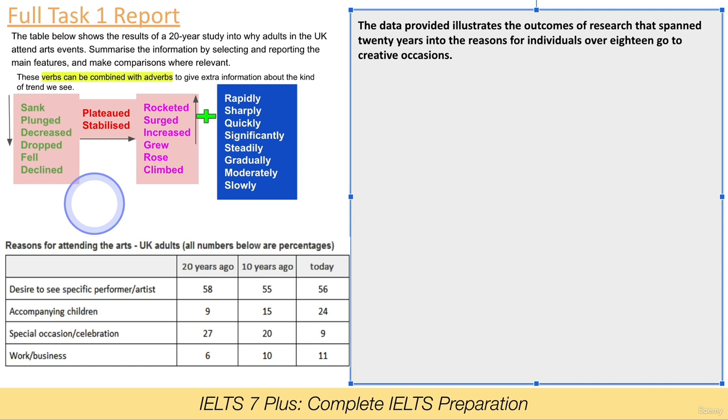Let's have a read back. The data provided illustrates the outcomes of research, maybe just the outcome of research that spanned 20 years into the reasons why or for individuals over 18.